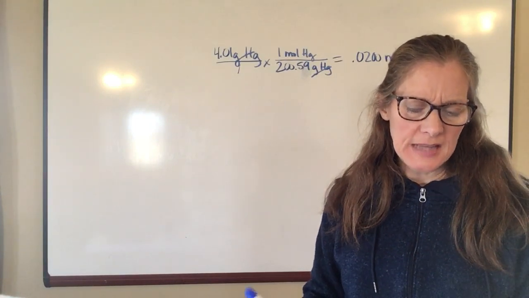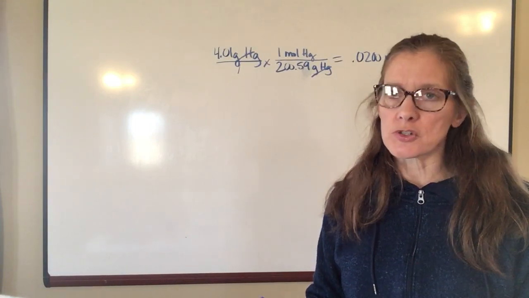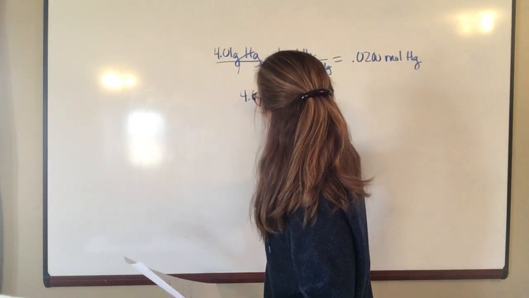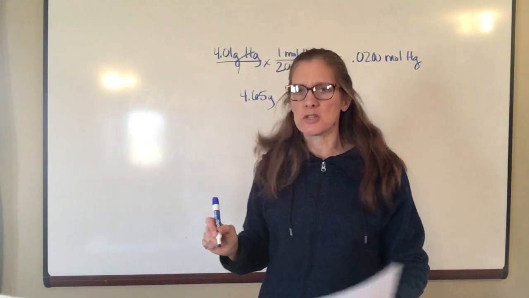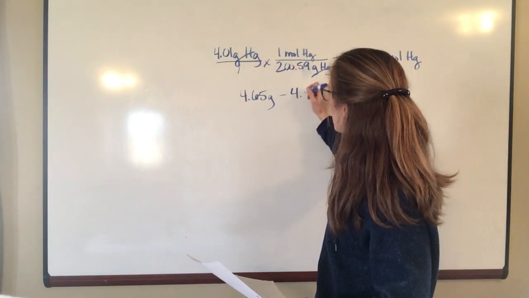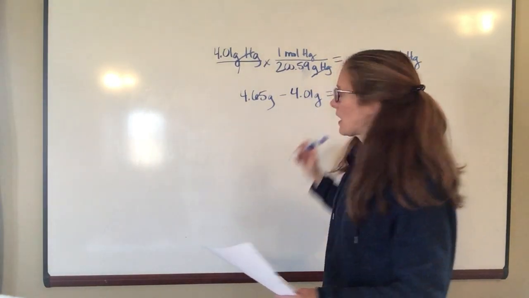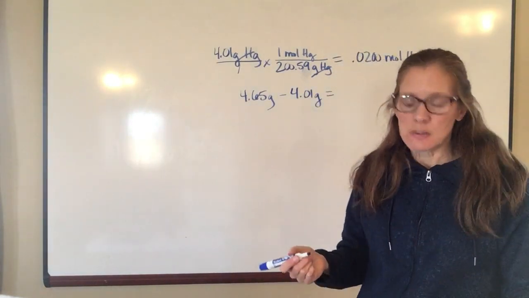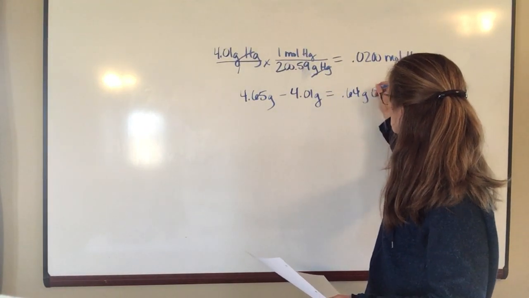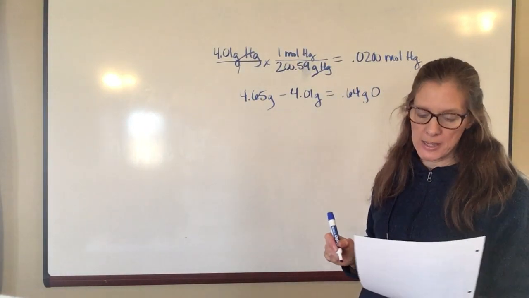Well, it says that my final resulting oxide is 4.65 grams. So if 4.65 grams is what it ends up as, and 4.01 grams of that was mercury, that means the rest of it has to be oxygen. So that means that I have 0.64 grams of oxygen in my compound.